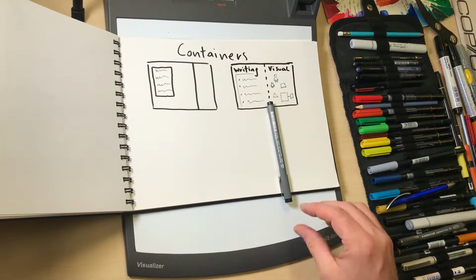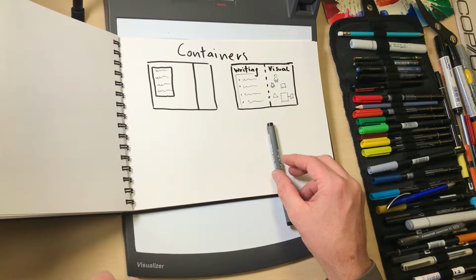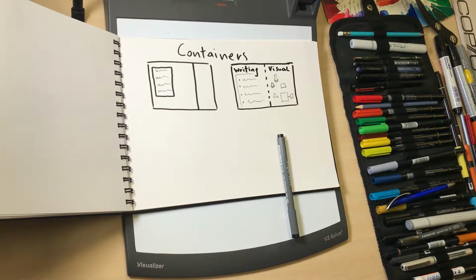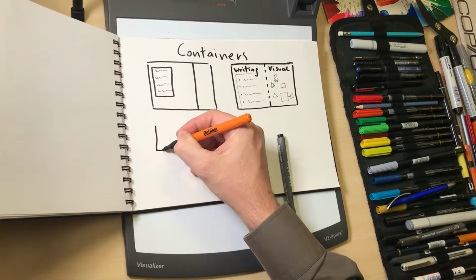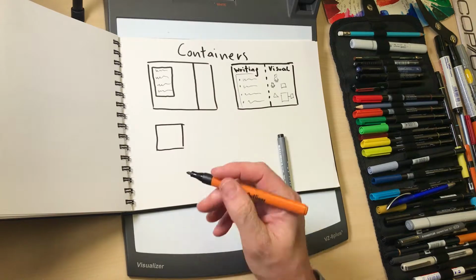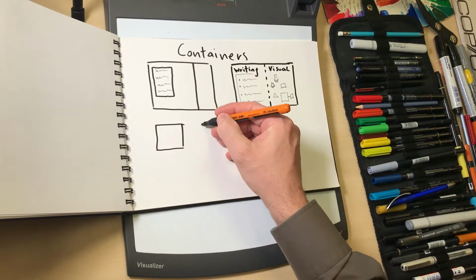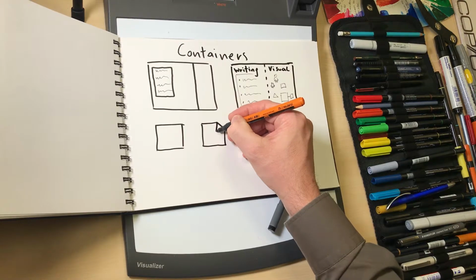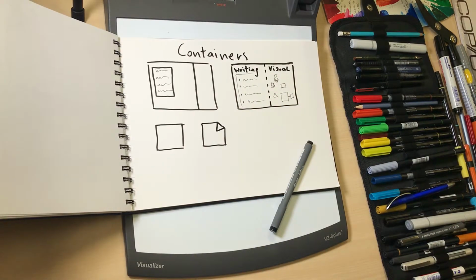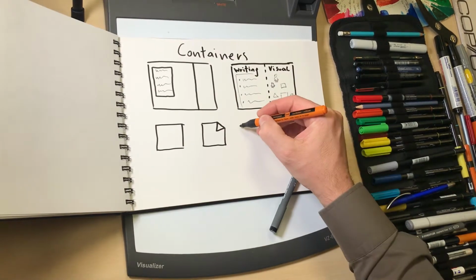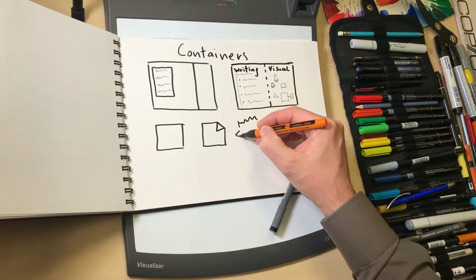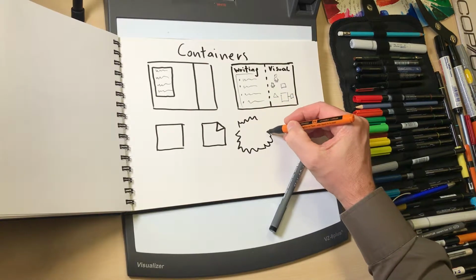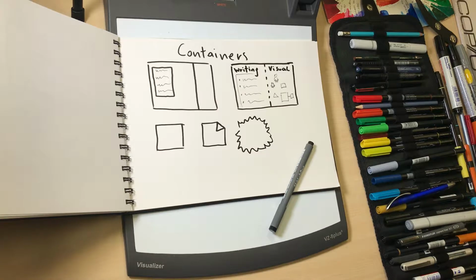And so we can have lots of different types of these containers, with the simple one just being a frame. But then, I don't know, it could look like a Post-it. If it's maybe some kind of an idea, it could look a little bit like a star, the outset, if it's something that is just emerging now, or something very exciting.